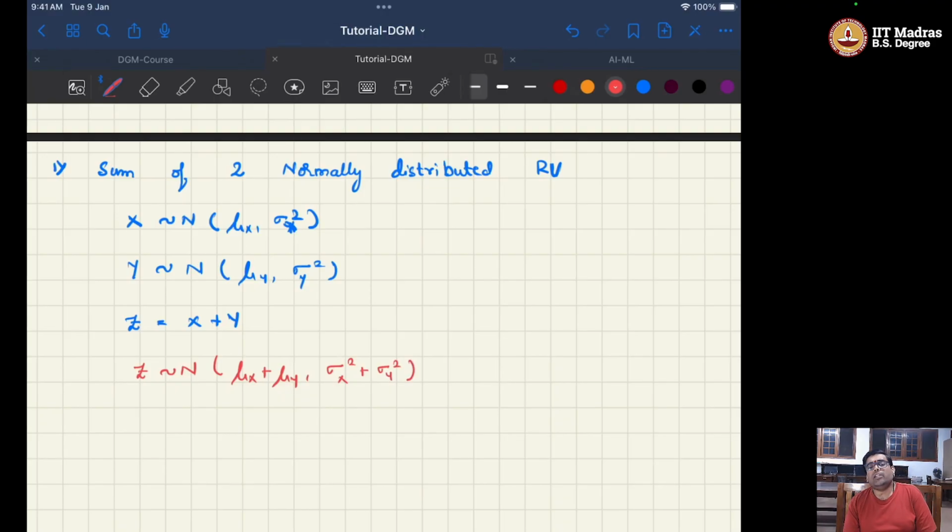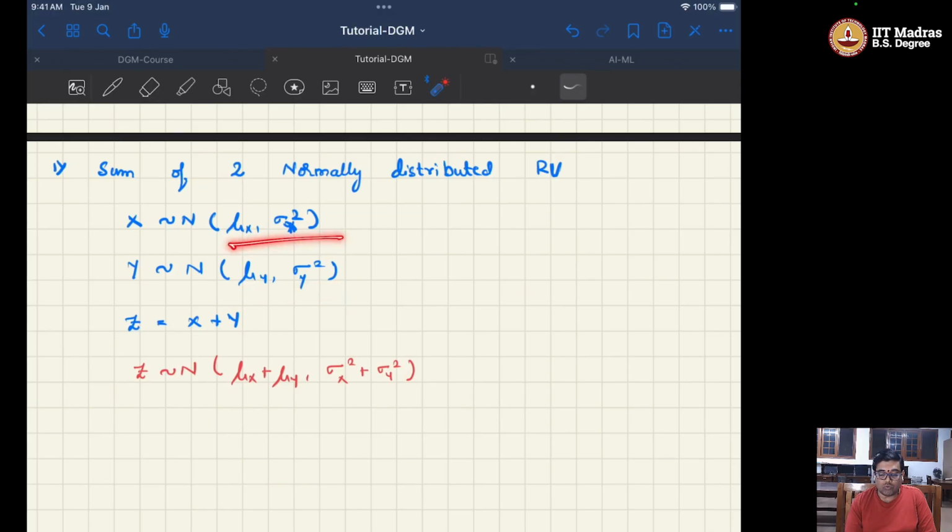You can even simulate this and look at it. Since we already know how to generate random variables using a specific mean and deviation, you can generate with some mean and another mean.